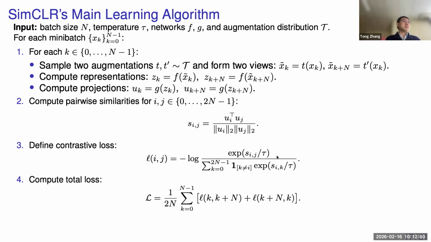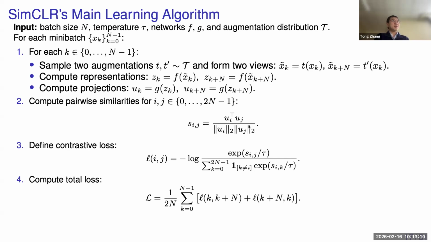The key idea again, maybe just to reiterate: you have the same image, and you generate similar images from this same image, like the examples in the previous slides. Then you enforce them to have similar representations.